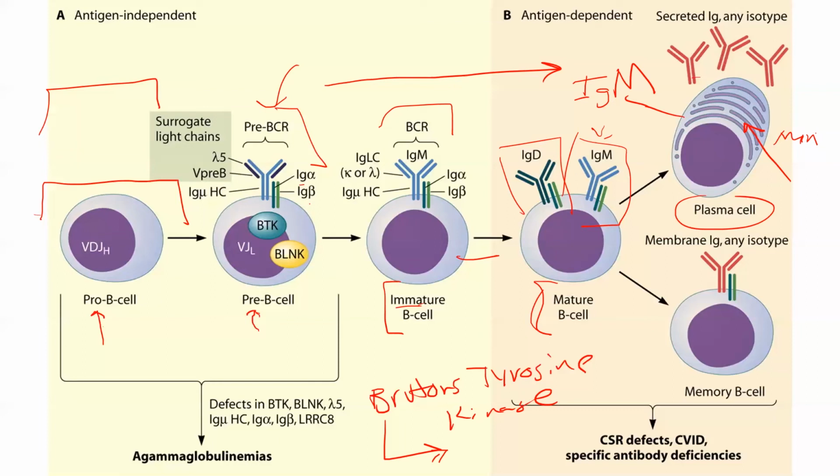Now, IgM is very special, in that it is huge. It is a pentamer. There's 5 antibodies stuck all together, but it is the initial one that we will make.